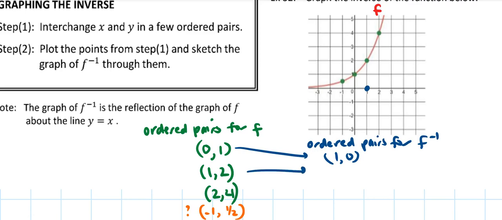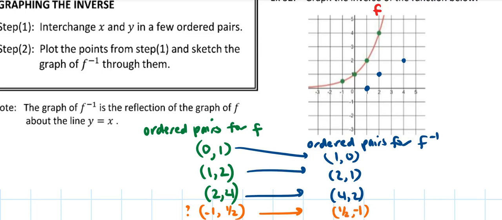For 1, 2, that becomes 2, 1. 2, 4 becomes 4, 2. And if we're looking at the point we estimated, or we have a pretty good idea if we know exponential functions, we have 1/2, -1. So 1/2, we estimate -1.